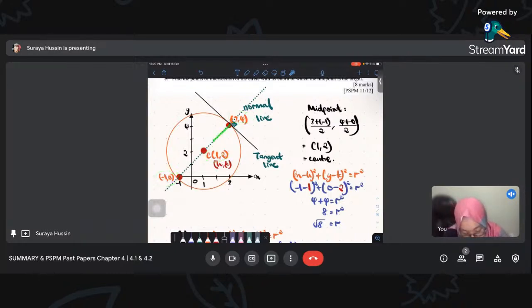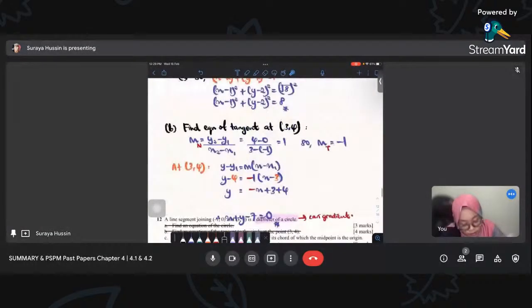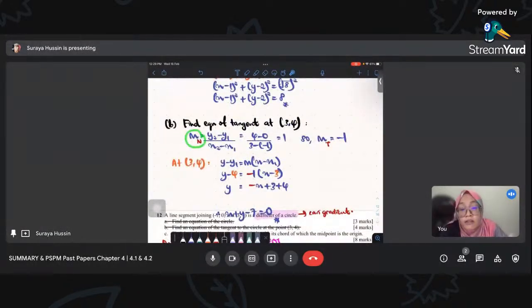3 point ni adalah a normal line, di mana normal line ni boleh dicari dia punya gradient. Dah ada 2 point pun dah cukup untuk cari the gradient of the normal. So what I'm trying to do is find the gradient of the normal.